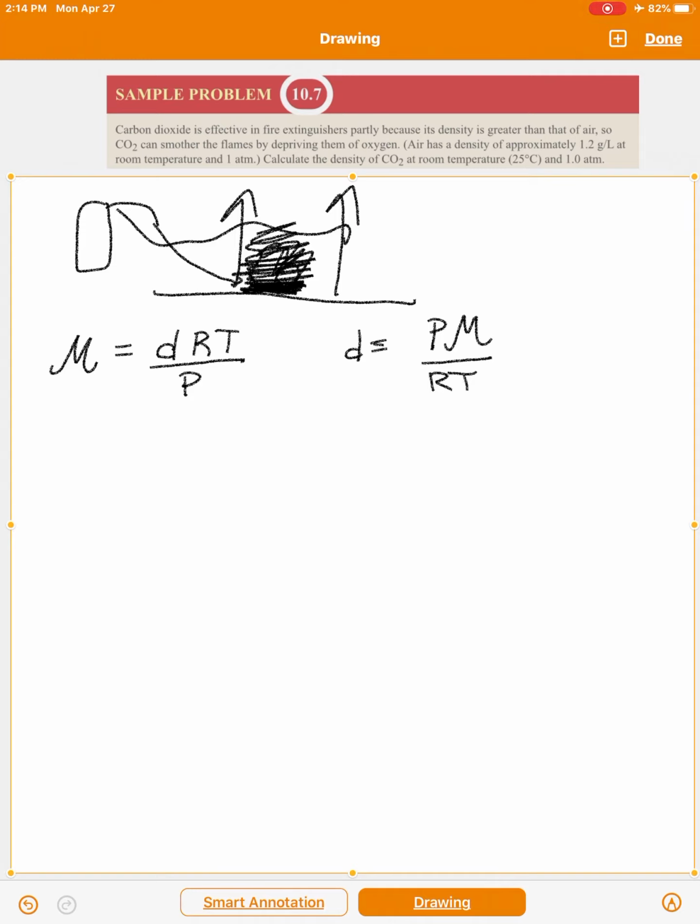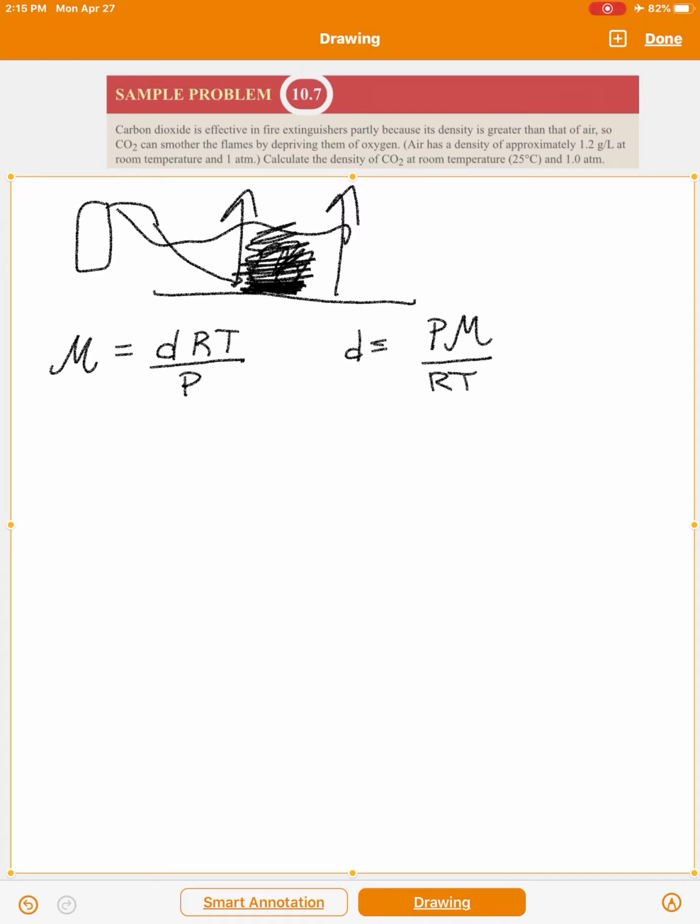In this particular problem, they want to find the density of carbon dioxide, not the molar mass. So we need the pressure, which is given, 1.0 atmospheres. The molar mass isn't given, but we can find that out from the chemical formula and use the molar masses from the periodic table. The gas constant is 0.08206, and then the temperature is given as 25 degrees Celsius.